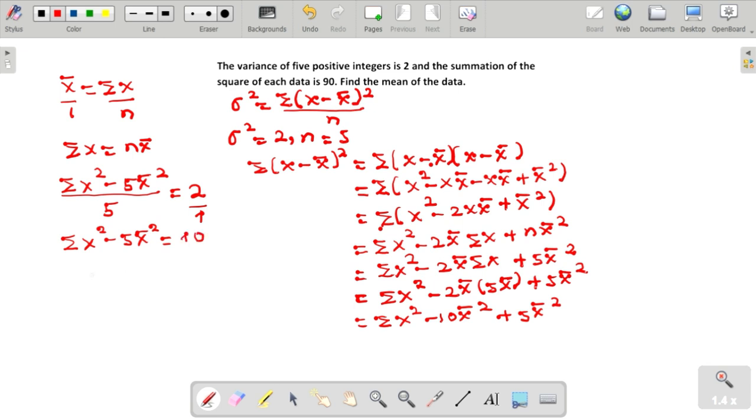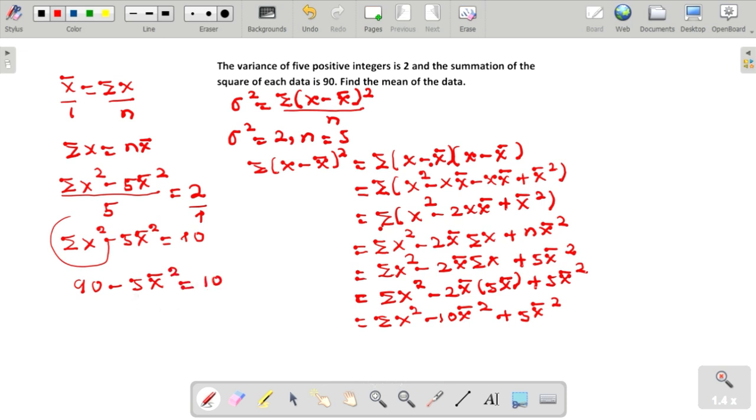Now we have that the sum of the squares of the data, this summation x square, is 90. So we replace it here with 90: 90 minus 5 x bar square is equal to 10.